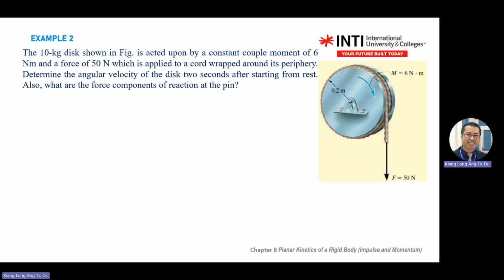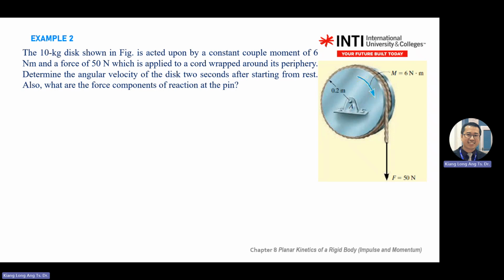When you see moment and force, it actually asks you to use linear impulse and momentum, and angular impulse and momentum. Determine the angular velocity of the disk 2 seconds after. When you see the question add some time, it means it is linked to impulse already. If you see a question on angular velocity without time, then it stays as an omega question.